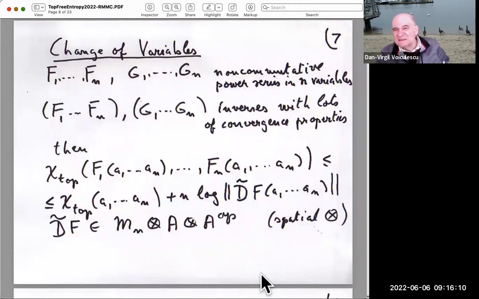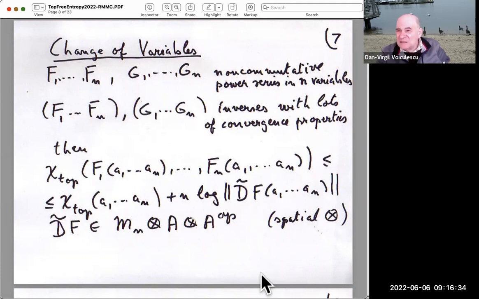non-commutative power series, G1, ..., Gn, which has good convergence properties, which is the inverse. So it's a change of variable, if you want, which is invertible, a change of the n-tuple of variables A1, ..., An to F1(A1, ..., An), ..., Fn(A1, ..., An).